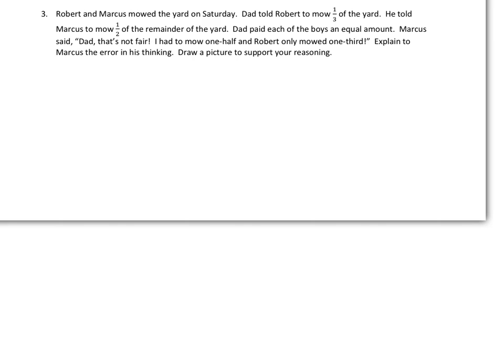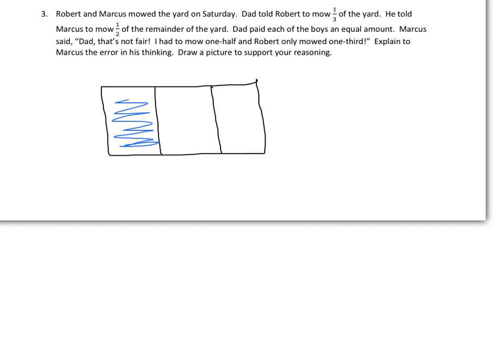Let's draw a picture to help us solve this problem. This rectangle right here is going to represent their yard. Dad told Robert to mow 1/3 of the yard, so let's split the yard into 3 parts. So this first piece right here would be 1/3. That represents the portion that Robert had to mow.